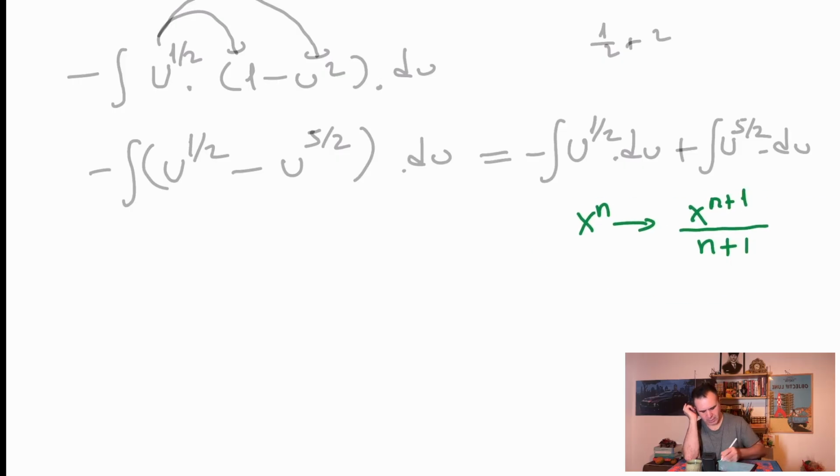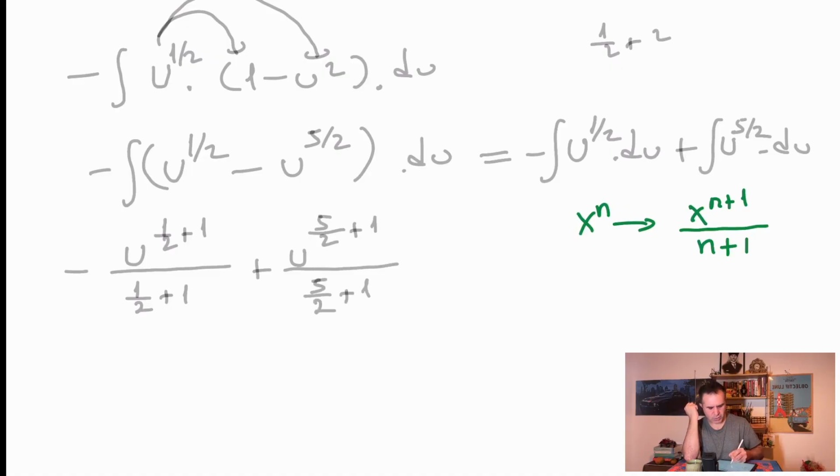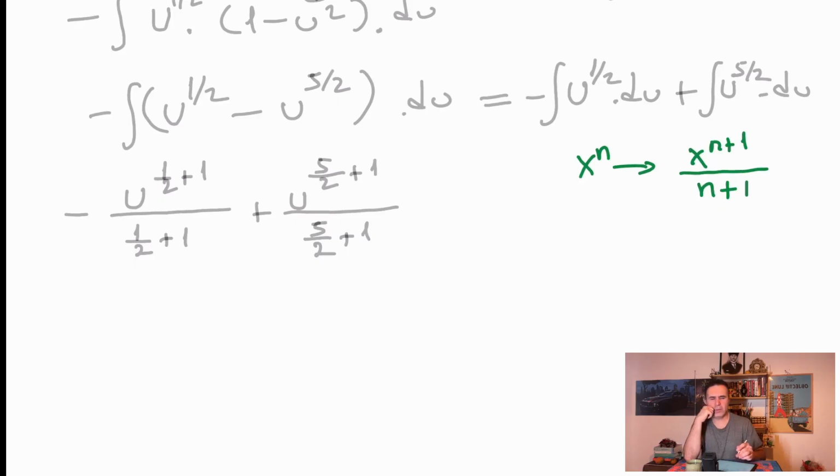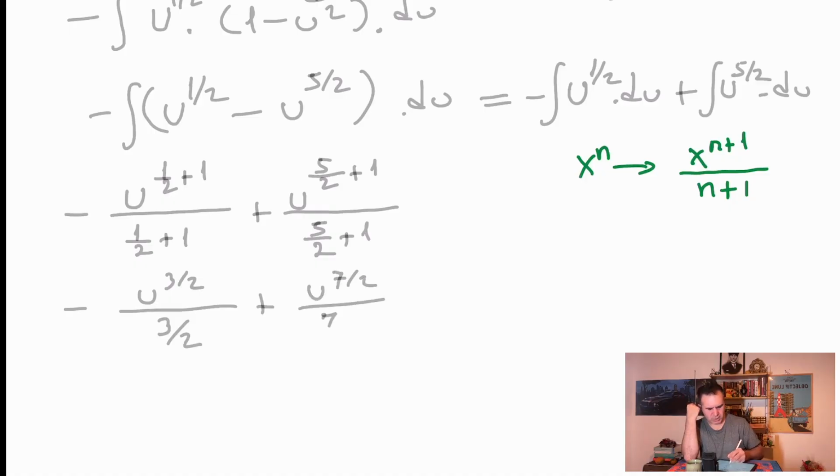Now, minus the integral of u to the power of 1 over 2: we add 1 to the exponent and divide by the new exponent, and plus the integral of u to the power of 5 over 2: we add 1 to the exponent and divide by the new exponent. 1 over 2 plus 1 is 3 over 2, so minus u to the power of 3 over 2 divided by 3 over 2, plus u to the power of 7 over 2 divided by 7 over 2.